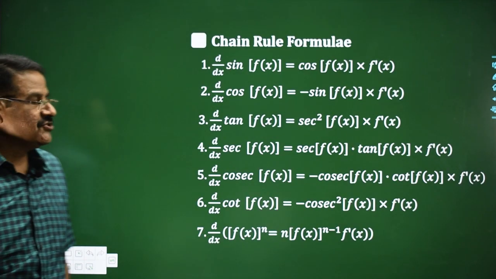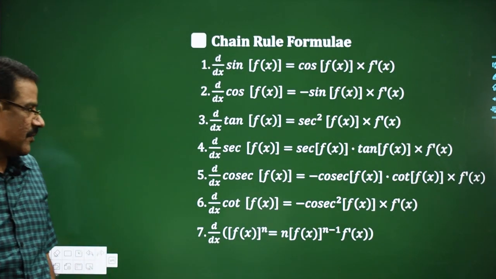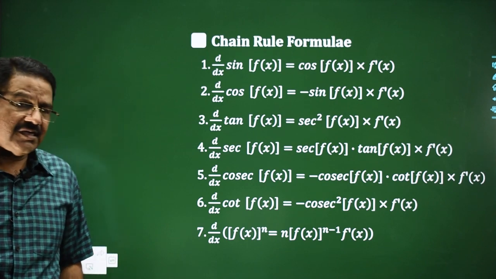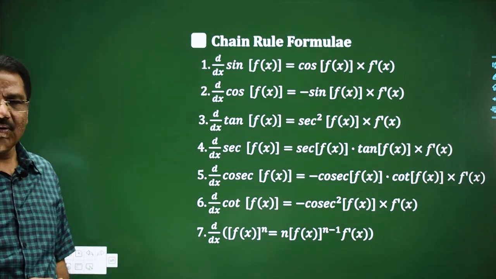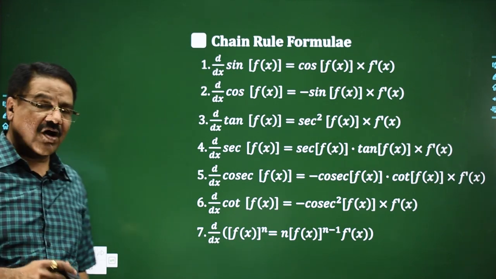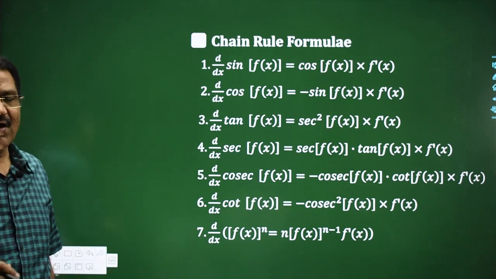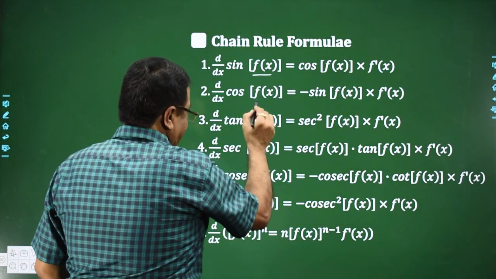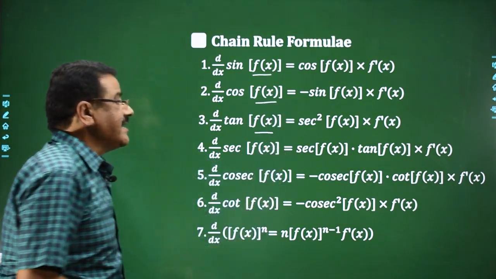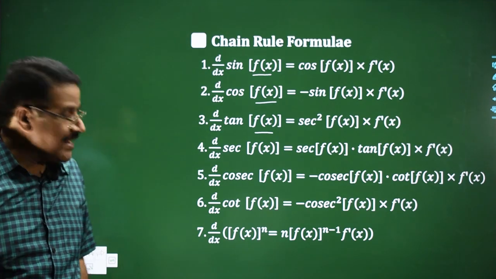Now, let us take the chain rule formulae. This formula again we are going to remember, there is nothing new in that. What is the change? The derivative of sine you know, that is cos x, the derivative of cos is minus sine, the derivative of tan is sec square. The only thing is that here inside sine, inside cos we have taken f(x). f(x) can be anything.